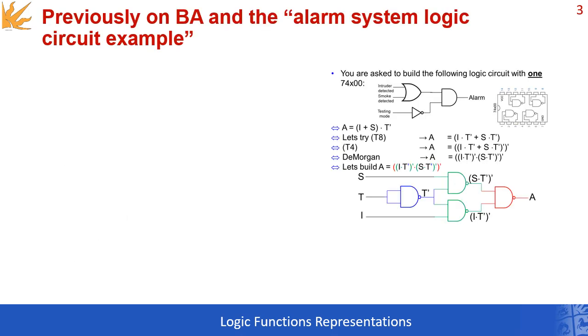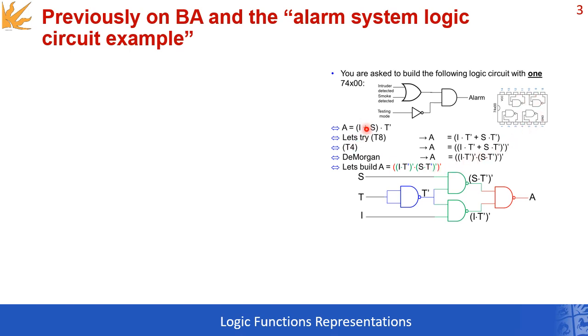As you can see in the right of the slide, this is the example that we used for the simple alarm circuit, and this is an example of one simplification that you were asked to do, which was to build the circuit using only this particular type of an integrated circuit that has only NAND gates.